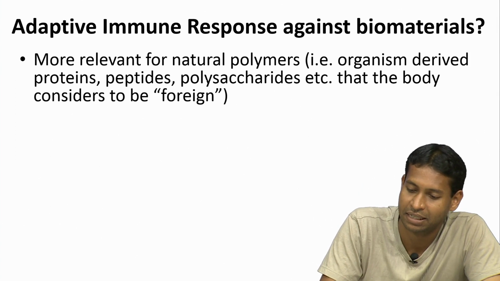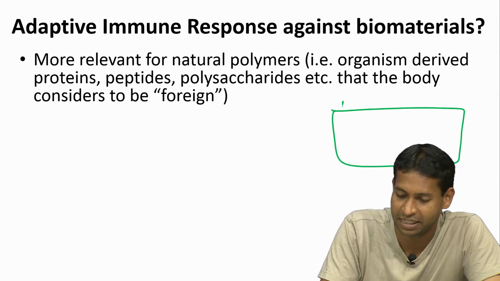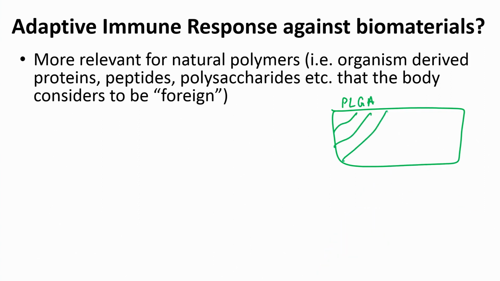So let us say if I have this implant, let us say PLG again for example, and maybe I am delivering an enzyme to treat a certain disease which is derived from, let us say, horse. Now this is a protein that the body has never seen.